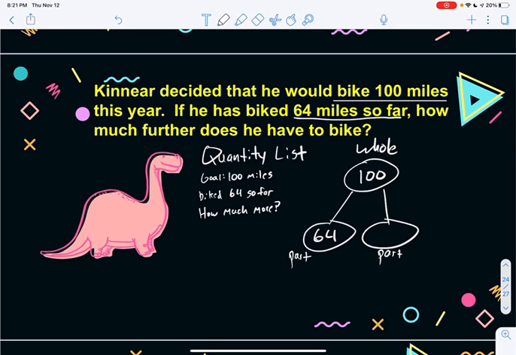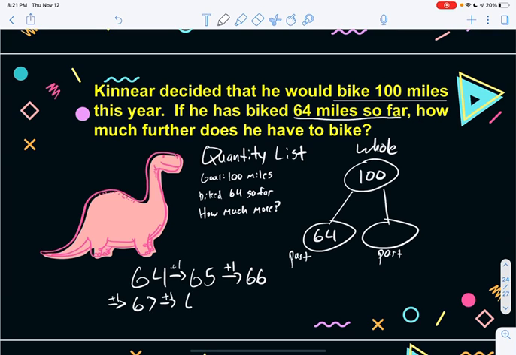Now, what I want to do is let's go ahead and get 64 to a benchmark. So how many times do we have to count up to get to the benchmark of 70? Let's check. Plus 1 would be 65. Plus 1 would be 66. Plus 1 would be 67.